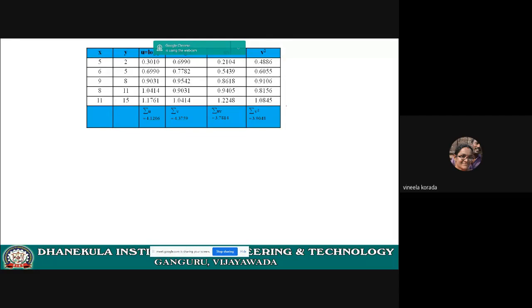Summation of u is 4.1206. Summation of v is 4.3759. Summation of uv is 3.7814. Summation of v square is 3.9048.